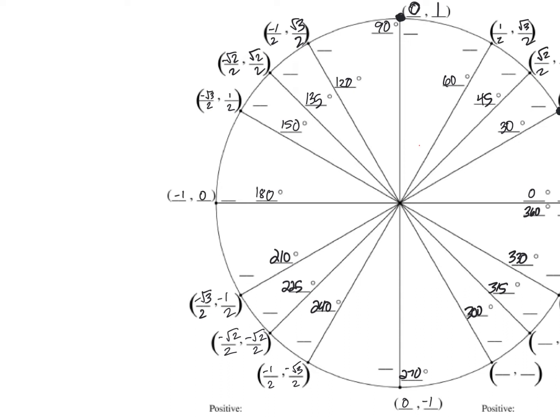Root 3 is bigger than 1. That's how I know that the y coordinate is the bigger of the two, which is the root 3. Yeah, I just wrote it wrong. All right.